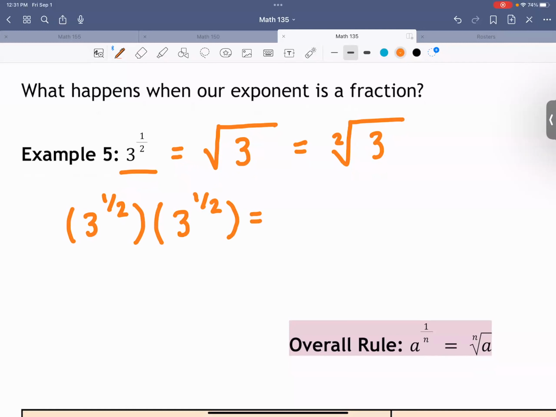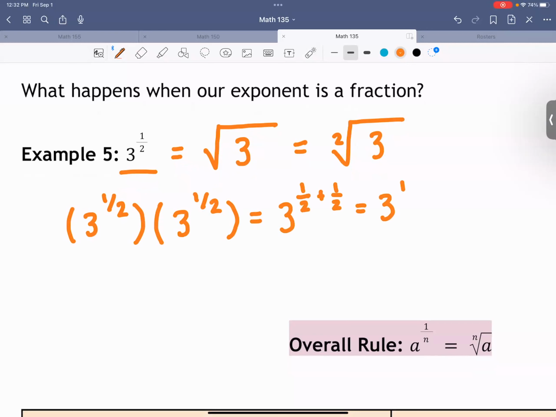Now, if I have the same base and I'm multiplying with exponents involved, do I add the exponents or do I multiply? You add the exponents, right? So it would be 1/2 plus 1/2. What is 1/2 plus 1/2? 1.